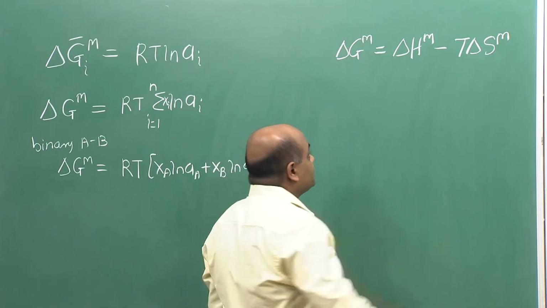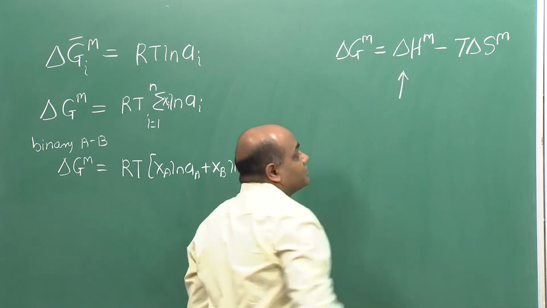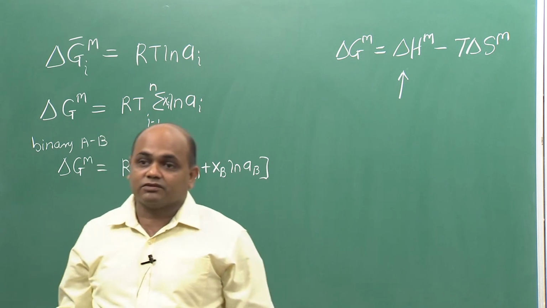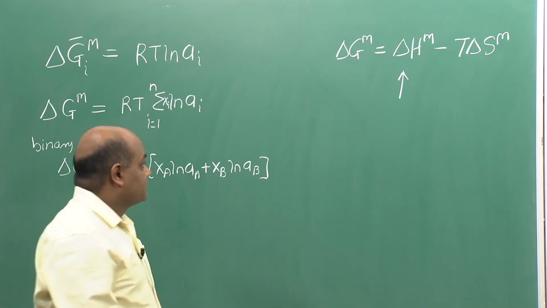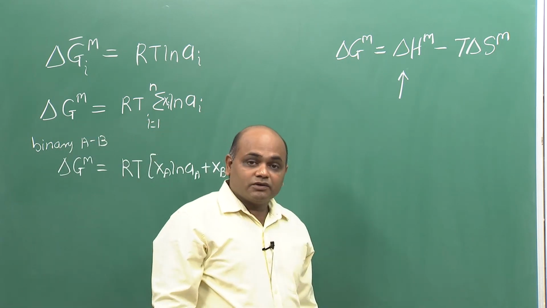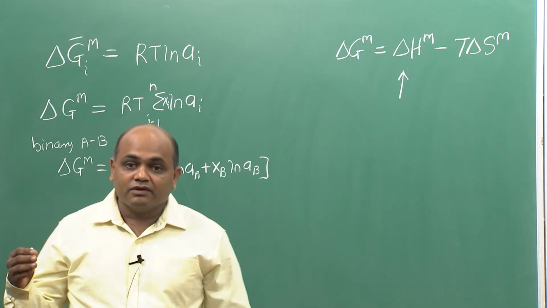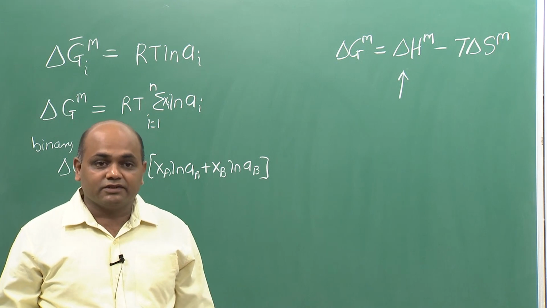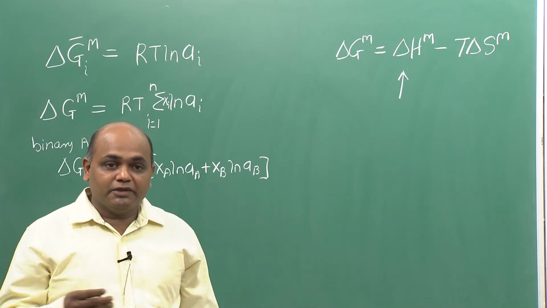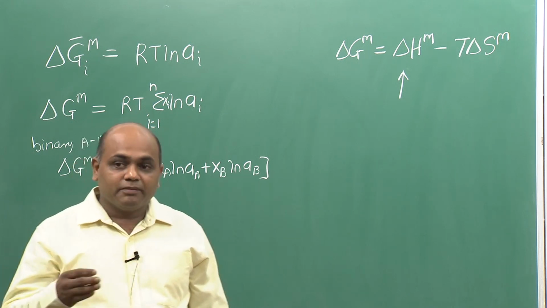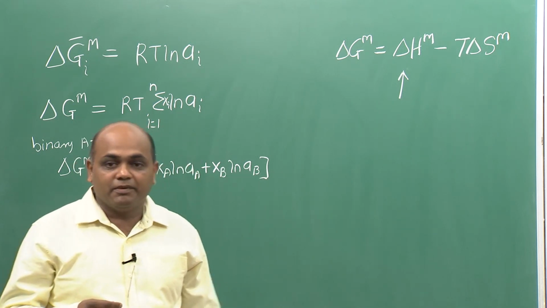So, the contribution to delta Hm, or the change in enthalpy associated with the process of mixing, is mainly from the changes in the types of bonds, right. So, when we form AB solution from pure A and pure B, in pure A and pure B there are only AA and BB pairs.